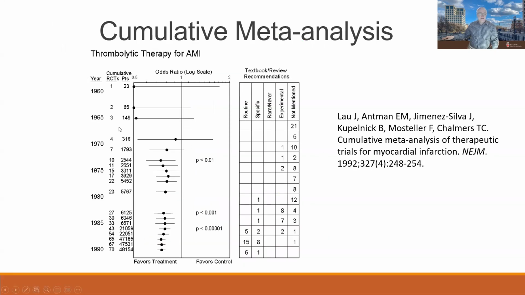This was, I thought, a fascinating study. Sometimes to change behaviors, it takes a mega trial, and at least in this case of thrombolytics for acute myocardial infarction, and not ancient history, practice didn't change until long after a cumulative meta-analysis, which presented the evidence as it was obtained, gave fairly precise evidence that that treatment was effective.